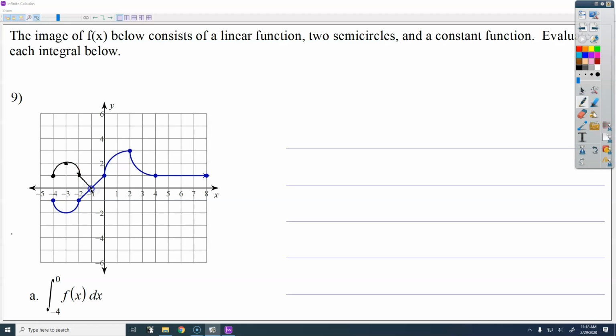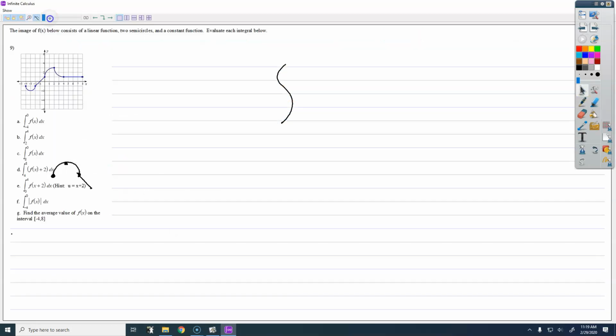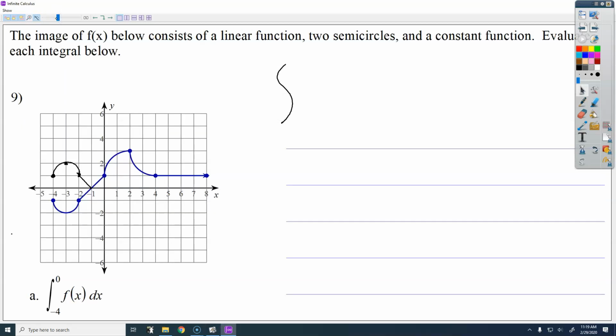Makes it all positive. So what they want us to do on this problem is find the integral. Let me double check one more time on the interval here. They want us to go from negative 4 to 0, right? So negative 4 to 0 of the absolute value of f of x. Okay.